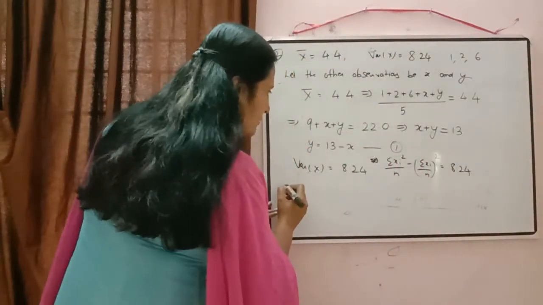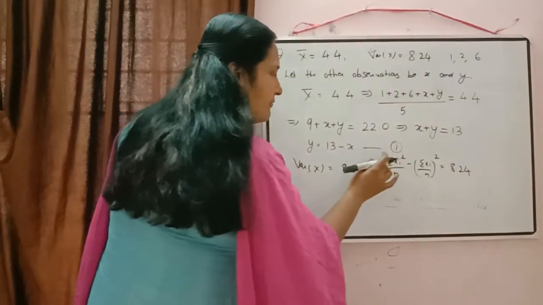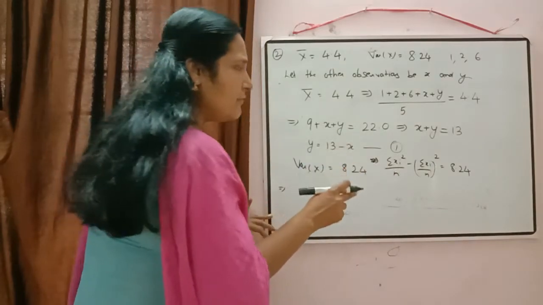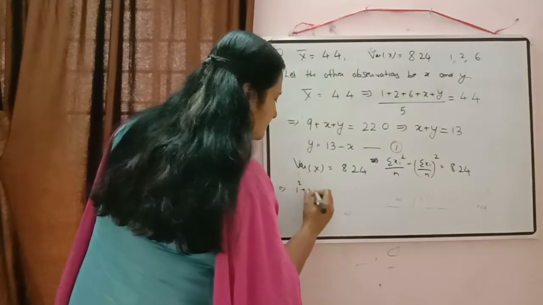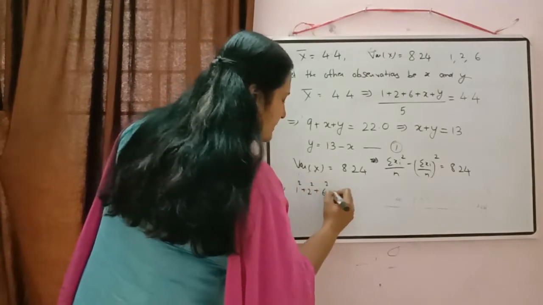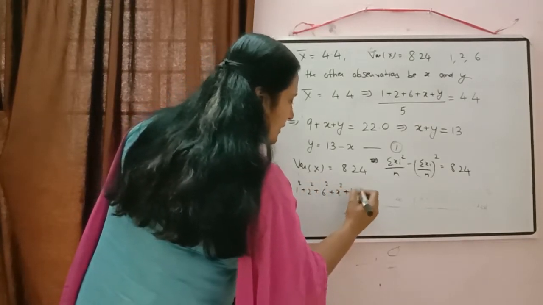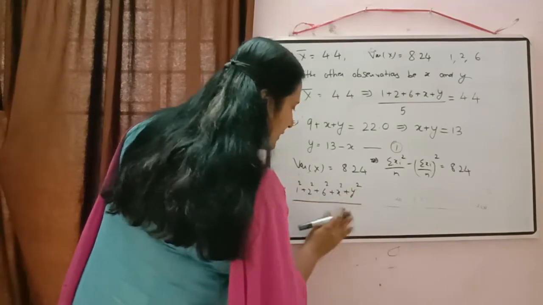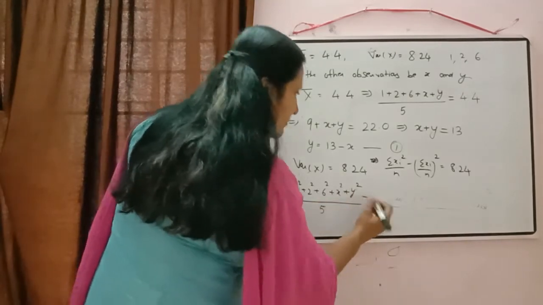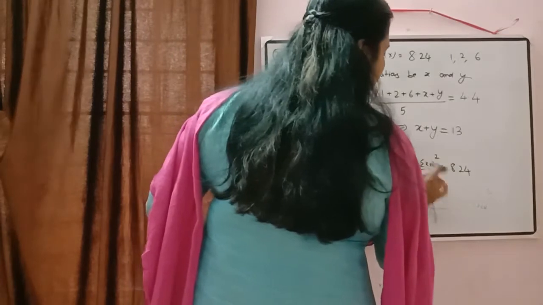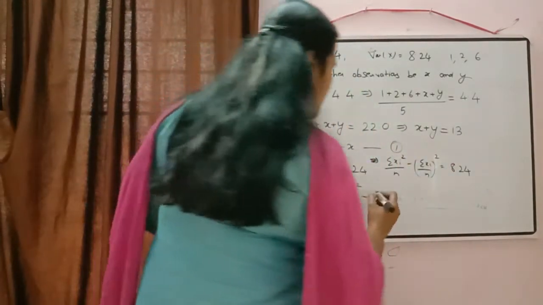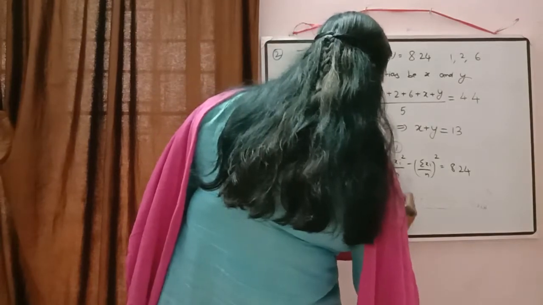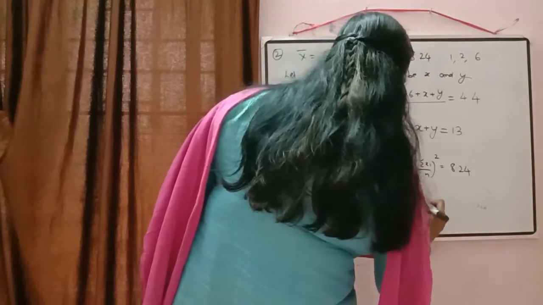So what are the observations given? We have to do the square and then we have to add the observations. So here we have (1² + 2² + 6² + x² + y²)/n, n is equal to 5, minus (Σxi/n)². I think that is equal to x bar only, which is given there, 4.4. So 4.4 square is equal to 8.24.